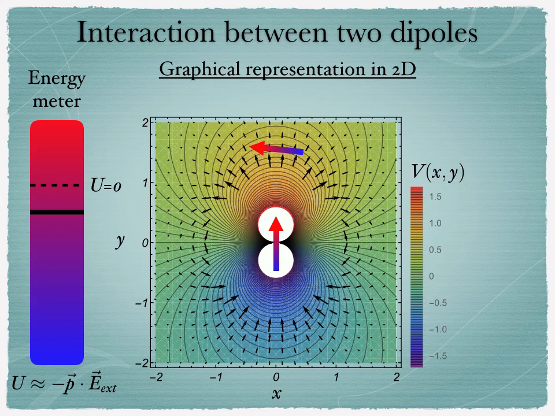Of course, if you continue to rotate this dipole until it's fully aligned with the other dipole, then you will find a configuration in which the potential energy is minimum in terms of orientation at least.